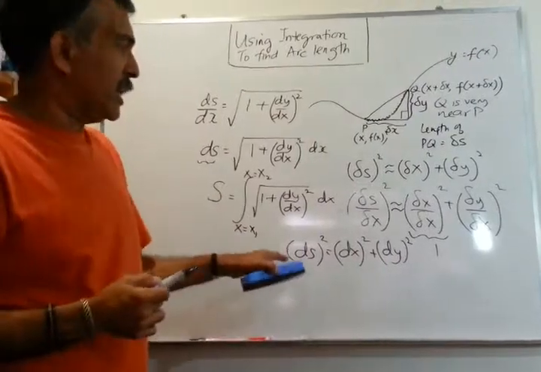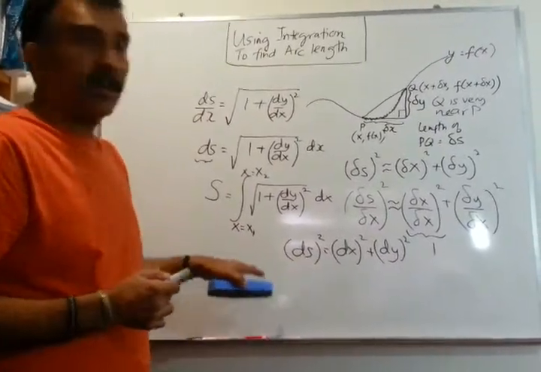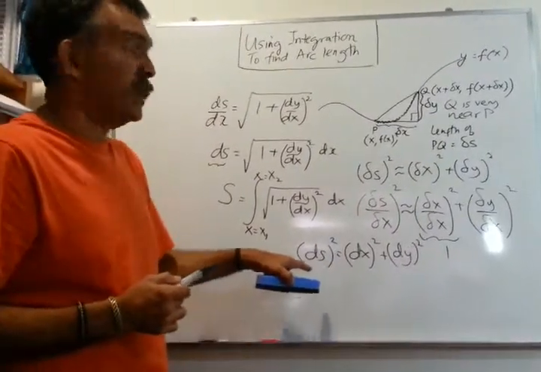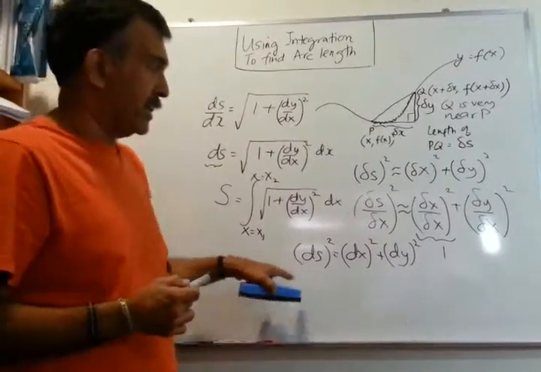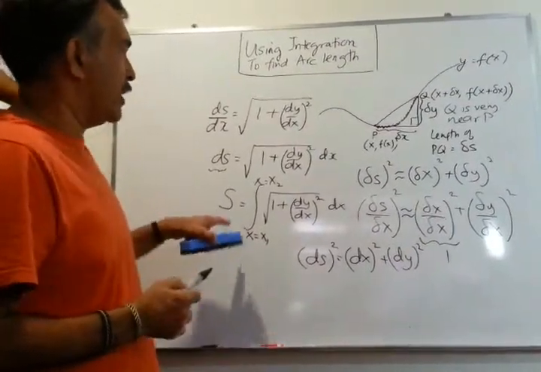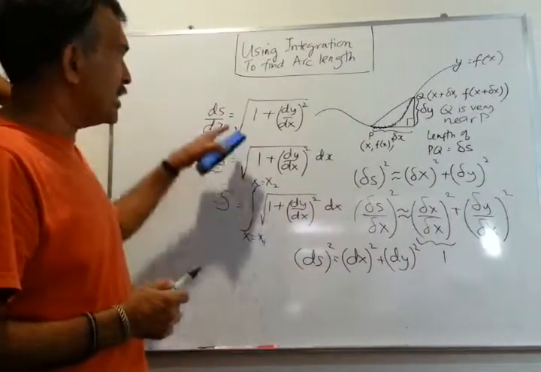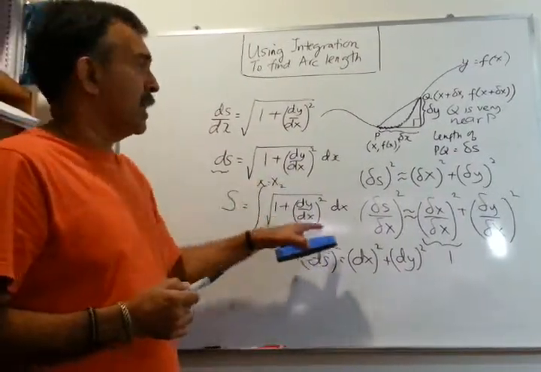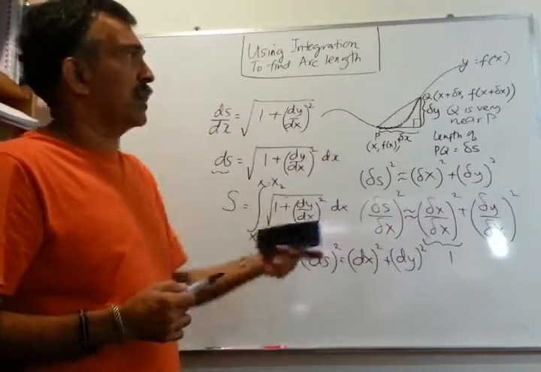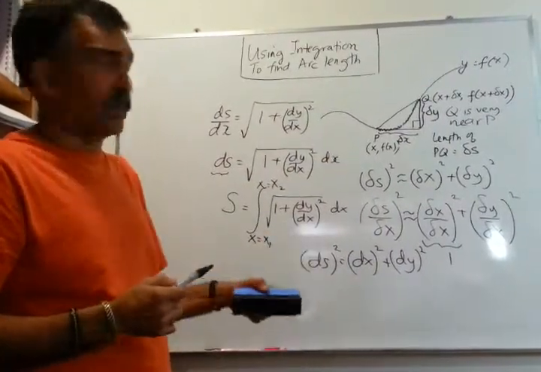Think of it along these lines, and then you divide throughout by dx squared, and you'll end up with the formula that we need. The reason I'm talking about this is because this is pretty straightforward. We are given a Cartesian equation, so it's pretty easy.